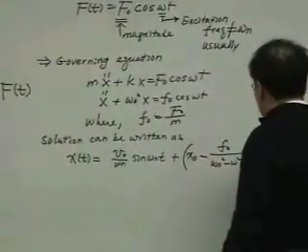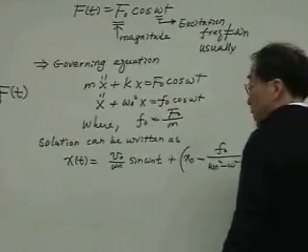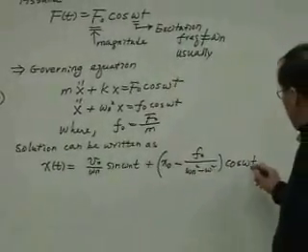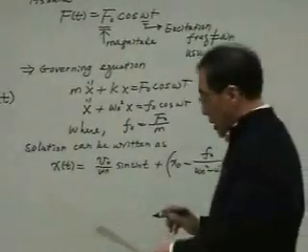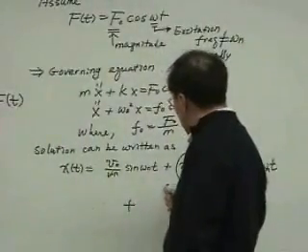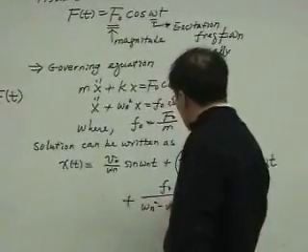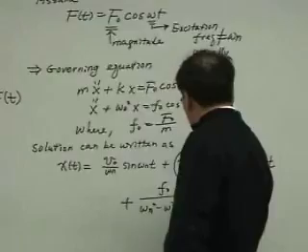And I have cosine omega t minus cosine omega n t, divided by omega n square minus omega square.